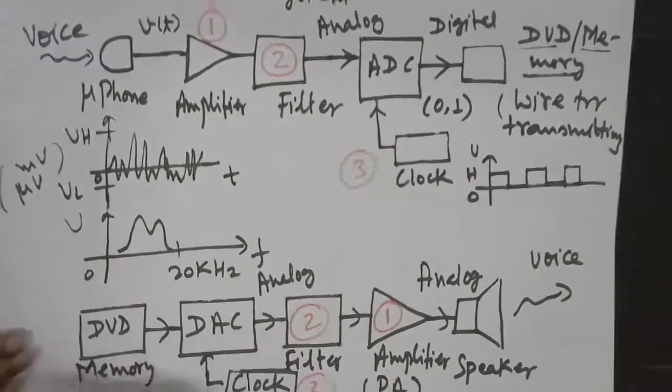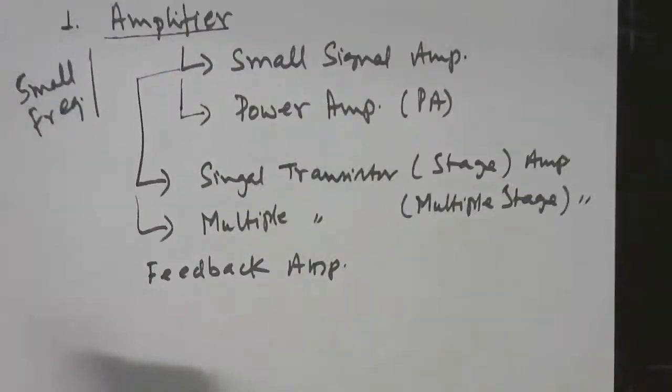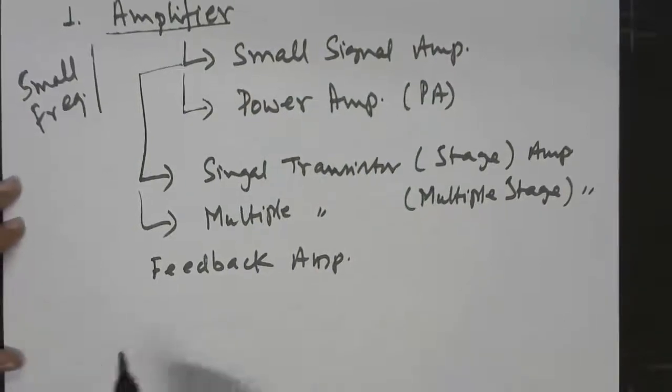But unfortunately, that does not happen. So in real life, it is found that any given amplifier will be amplifying certain frequency components better than the other. So it becomes important to know, given any amplifier circuit, what is its frequency response? That means how its amplification changes with frequency.